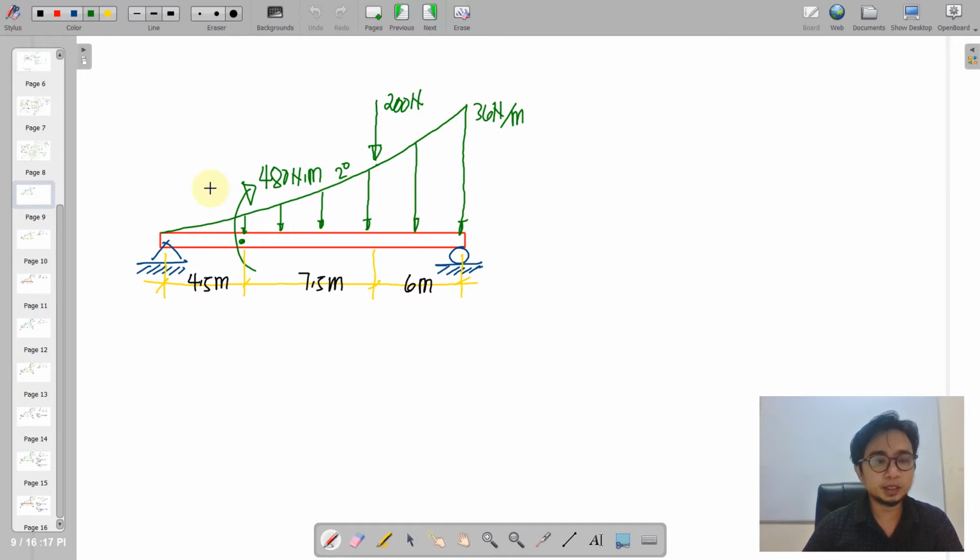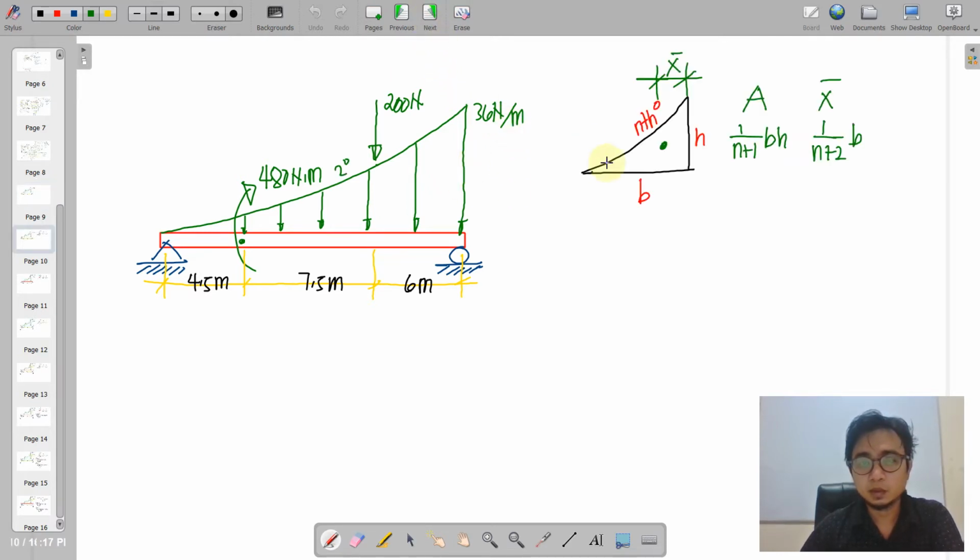So in dealing with this type of problem, we need to recall the principle of the area and the centroid if we have a second degree curve. So the general formula, we have the general formula for a spandrel having a base and a height.